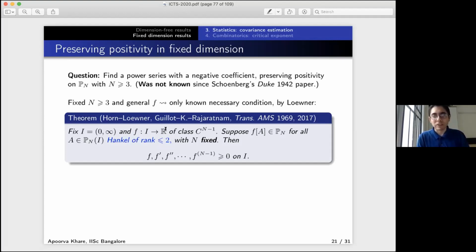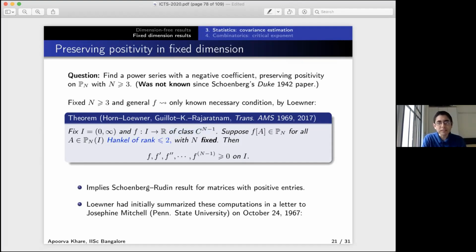Well, so sorry, I should point out this was not there in the original setting, nor in our result. This is being put in for simplicity here. But the original setting had continuous functions. You don't need them to be continuous. So in particular, this does imply the Schoenberg-Rudin result for matrices with positive entries.